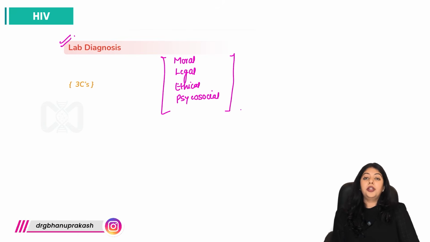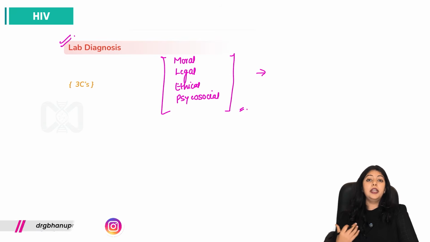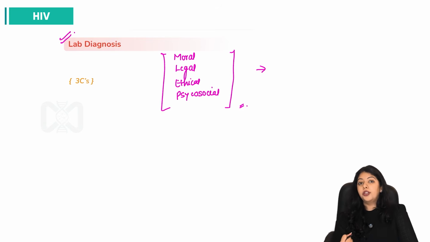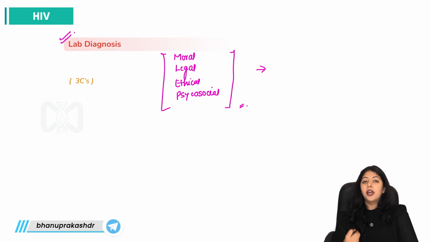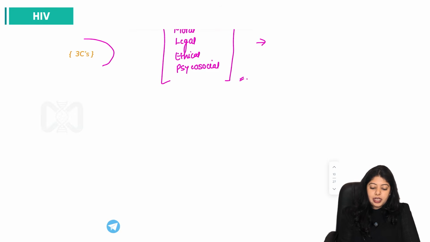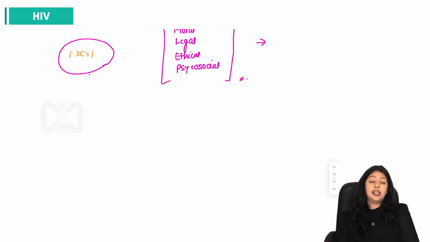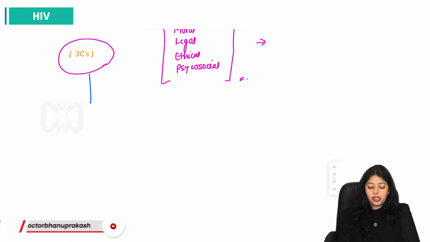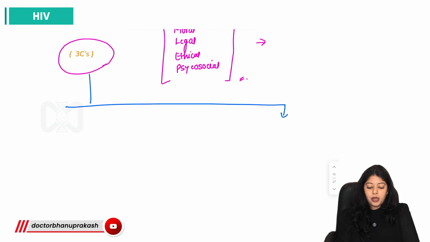Because this particular infection or syndromic state is considered a stigma, people usually are not very confident about themselves. So we need to be very empathetic towards the patient while testing them for this infection or while giving them treatment, right? So these are the important C's that we need to follow diligently while testing or treating the patient.